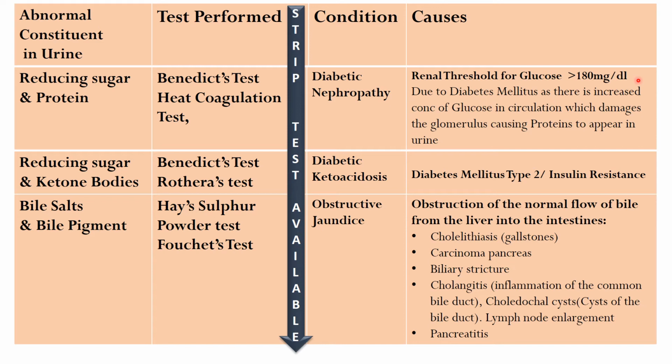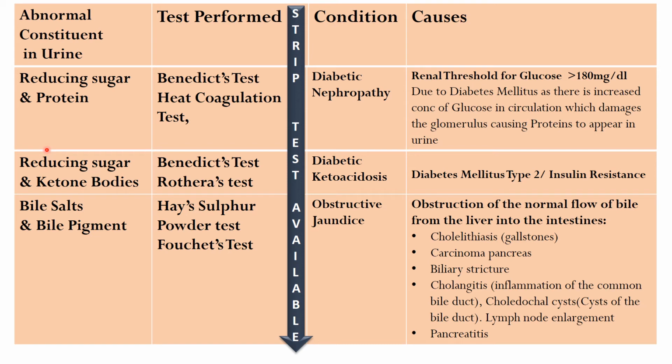Now, because of this excess glucose in circulation and the increased load on the glomerulus, there is nephropathy due to the diabetes, and the increased concentration of glucose damages the glomerulus. So, even proteins start filtering out. This leads to the presence of both reducing sugar and protein.